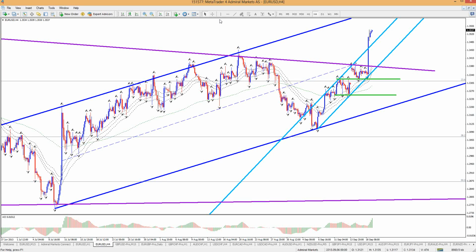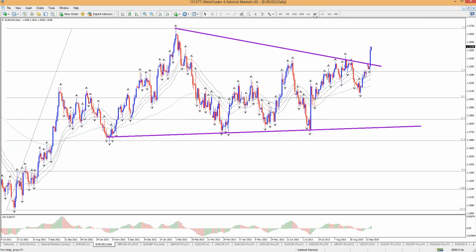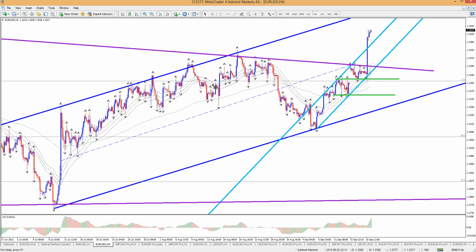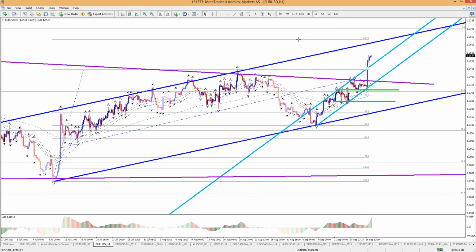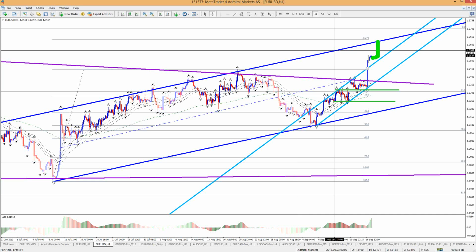And we can even put a fib on this up move now. There we can see that we got a 50% bounce, and the target of that is at 136.40. So let's see. There's still some space to that 136.40.